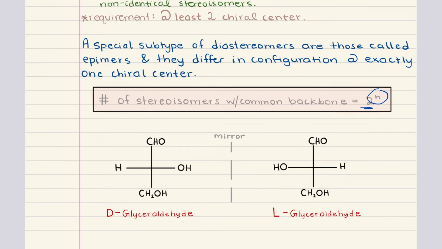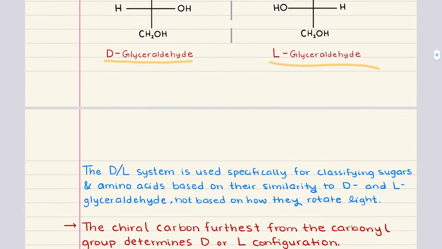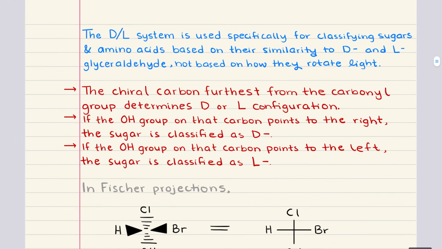Now, the DL system is based on the molecule's structural similarity to D-glyceraldehyde and L-glyceraldehyde, which are simple 3-carbon sugars. So the DL system is all about relative configuration. And here's how it works. You're going to look at the chiral carbon that's the farthest from the carbonyl group.